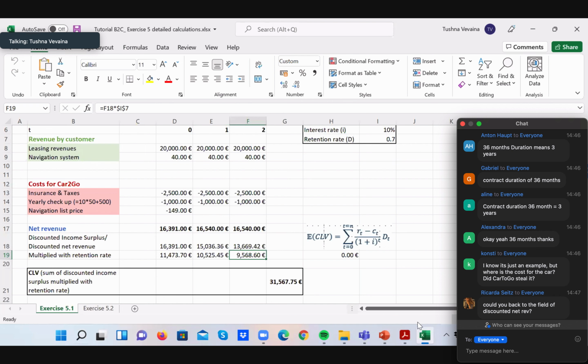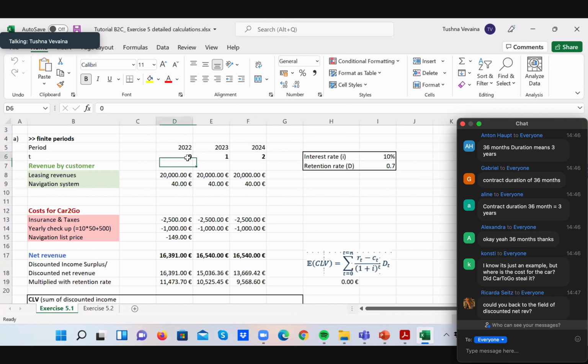No. For example, we are seeing t is 0 for this year, and then t is 1 and t is 2. That's why in this case you have 16,931, which corresponds to your R minus C figure, revenue minus cost. You're using the discounting factor of 1 plus 0.1, which is 1.1.